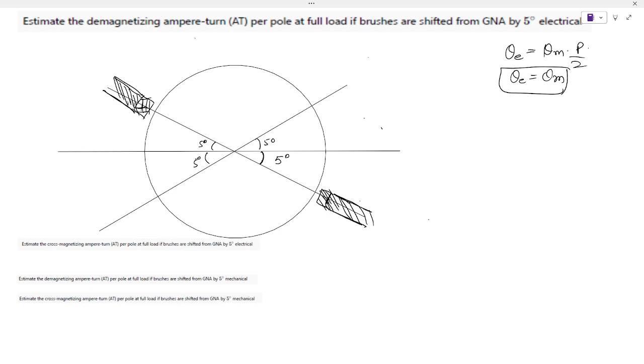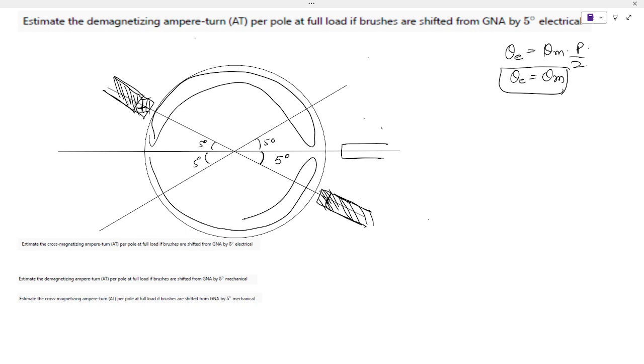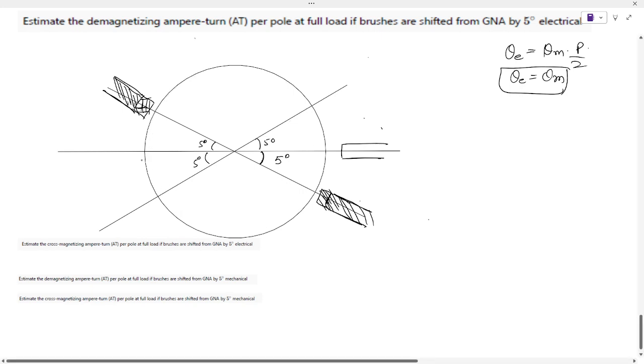Initially brushes were here, so entire conductors ranging from this position to this position and from here to here were causing cross magnetization. Now I have removed that.